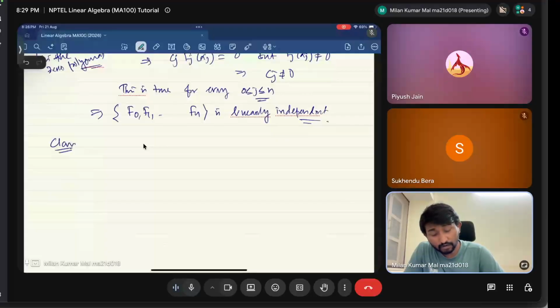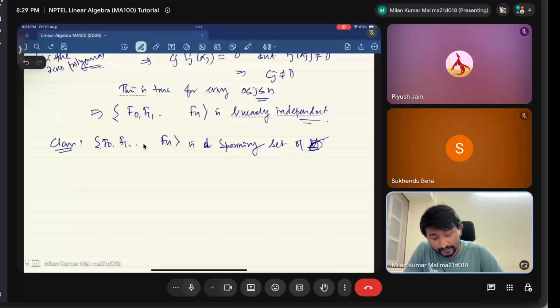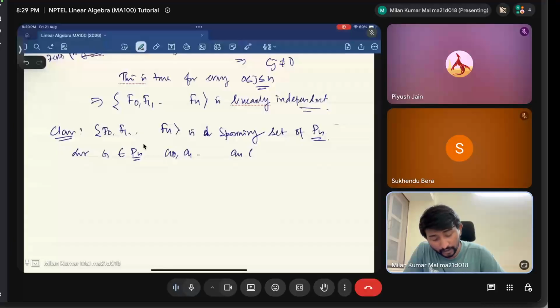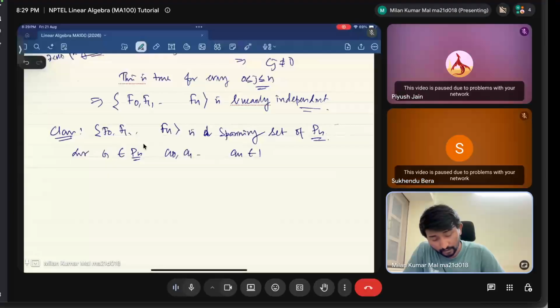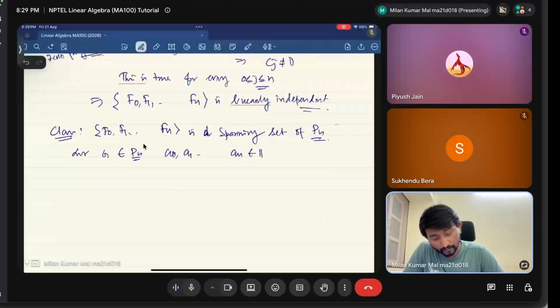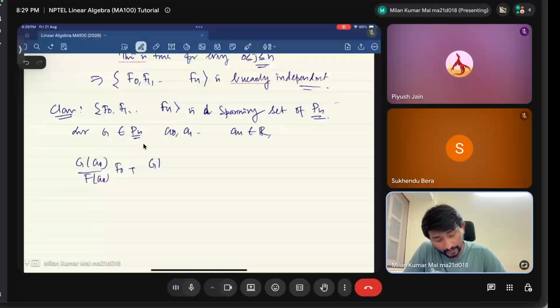Why is that happening? Let g be another polynomial in Pn. We already know the values prescribed; these come from real numbers. So g is a polynomial, and we have values g(a0), and so on. Let's take the polynomial g(a0)/f0(a0) times f0, plus g(a1)/f1(a1) times f1, plus all the way to g(an)/fn(an) times fn.